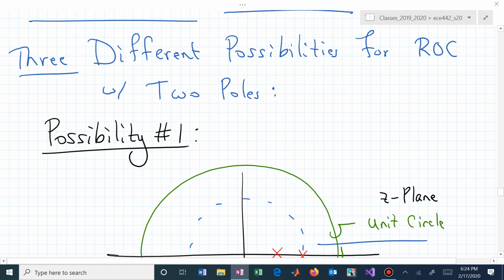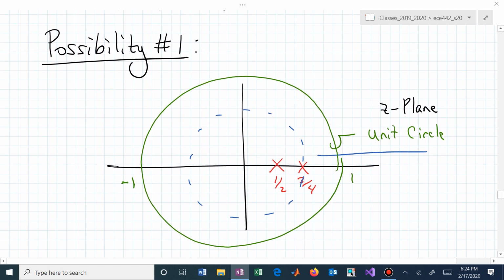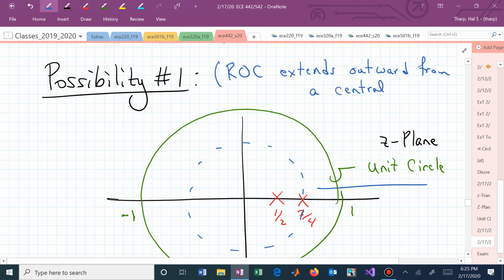Suppose now we look at possibility number 1. And now I've already sort of shaded the interior dimension of my region of convergence. Let me say here that the region of convergence is going to extend outward from a central void.